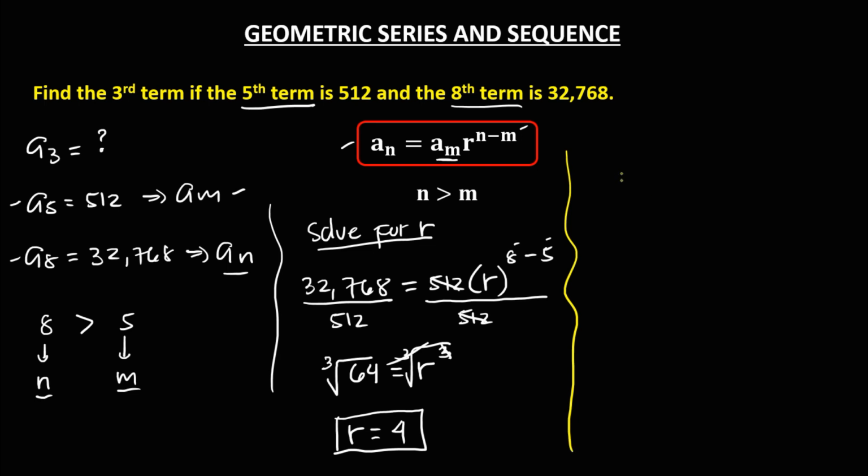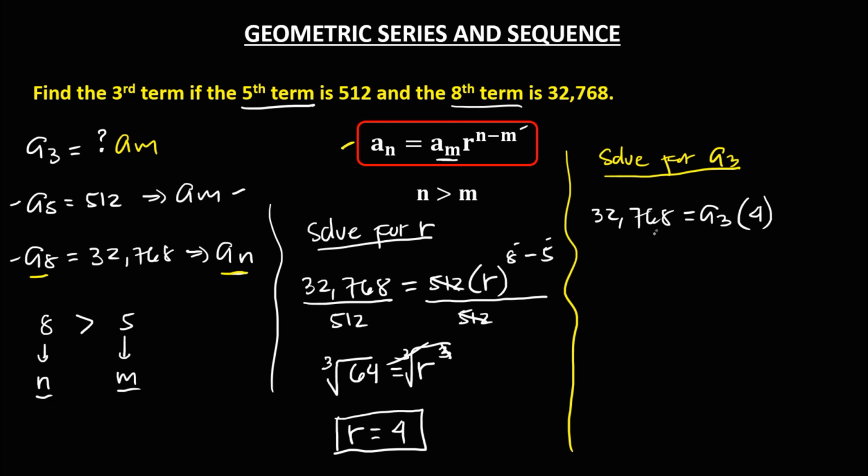And this time, to solve for a sub 3, using a sub 8 as a sub n and a sub 3 as a sub m, using this formula, we have a sub n, that's 32,768, equals a sub 3 times r, which is 4, to the power n minus m, so 8 minus 3.